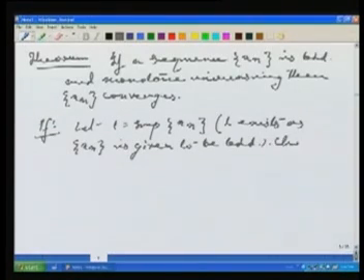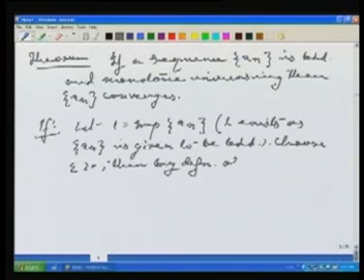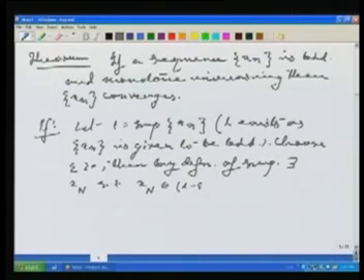Choose epsilon bigger than 0, then by definition of supremum there exists capital N such that x_N belongs to (L minus epsilon, L plus epsilon).